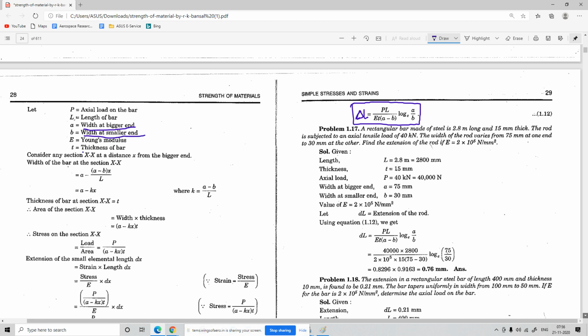T is the thickness of the bar. So that is very important to define, what is A and B. A is the width at the bigger end, B is the width at the smaller end, and T is the thickness.